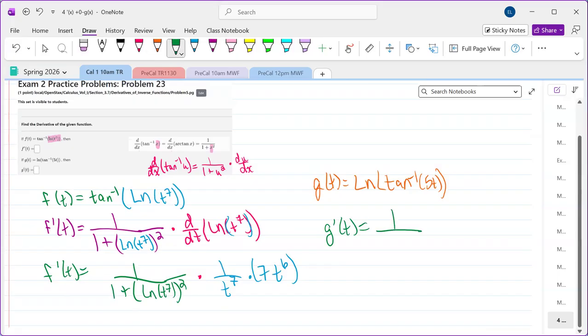So 1 over ugly is inverse tangent of 5t times, now we're going to do the derivative of inverse tangent. Well, that's our formula that we have over there.